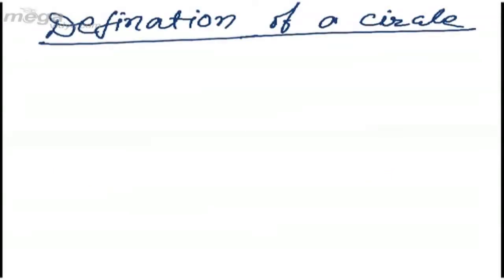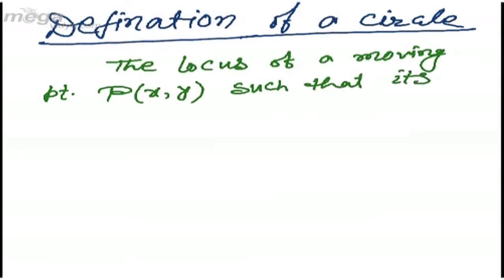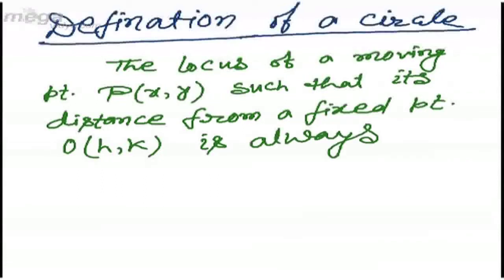So student, first of all, the definition of the circle. It is the locus of a moving point, suppose it is P x comma y, such that its distance from a fixed point, suppose it is O h comma k, is always constant.